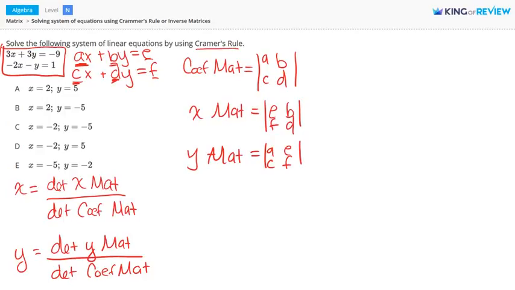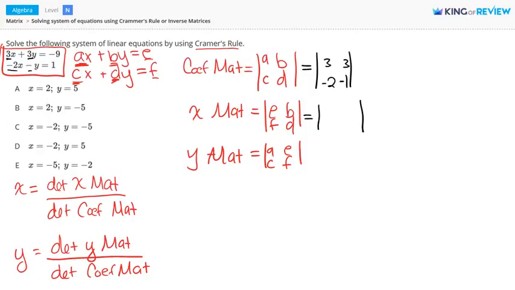So now, let's fill in our information to find these matrices. For the coefficient matrix, we have our coefficients here. So we have 3, 3, -2, and -1.